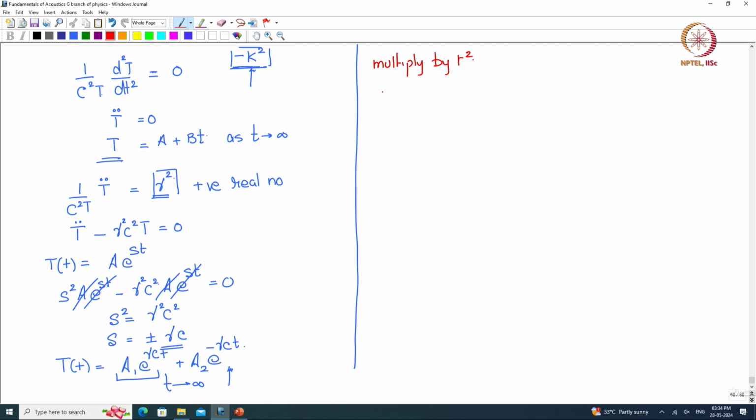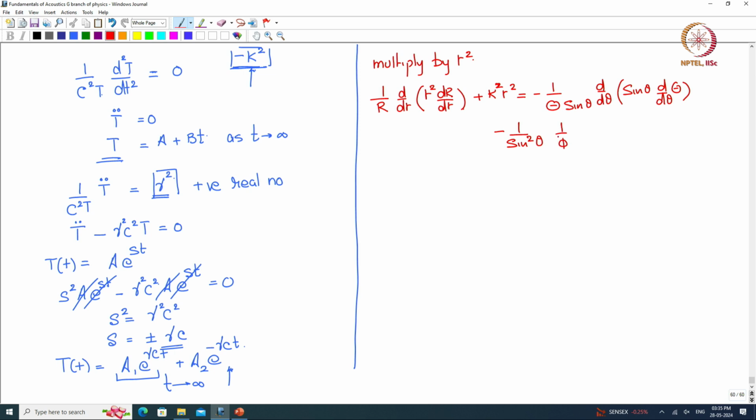Okay. So that gives me 1 over r d by dr of r square dr by dr, plus k square r square is equal to minus 1 by theta sin theta d over d theta of sin theta d by d theta of theta, minus 1 by sin square theta 1 by phi d2 phi by d phi square.